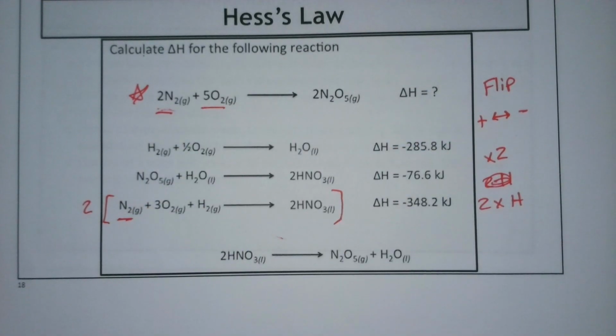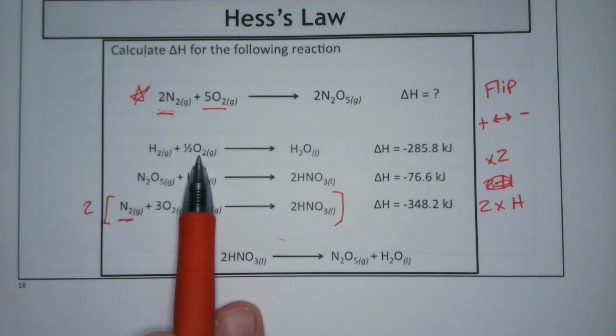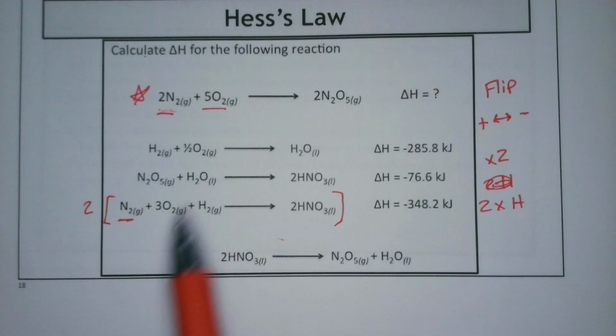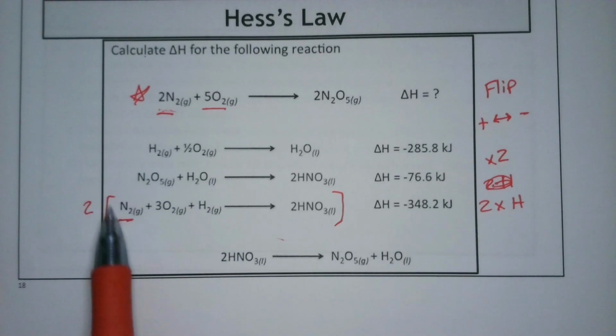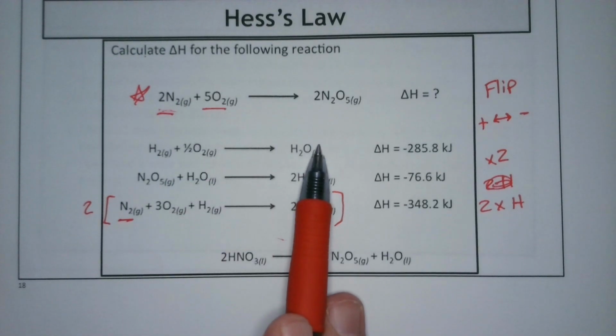5 oxygens. So I have some oxygens here. I have 3, but I'm going to times it by 2. So I actually have 6 oxygens already in the right spot, which is too many. But I might be able to reduce them if I look at this reaction. I have half an oxygen here. So currently I have 6.5 oxygens. But since I need my nitrogen on the left, I'm going to have to reduce it by flipping this to the other side.